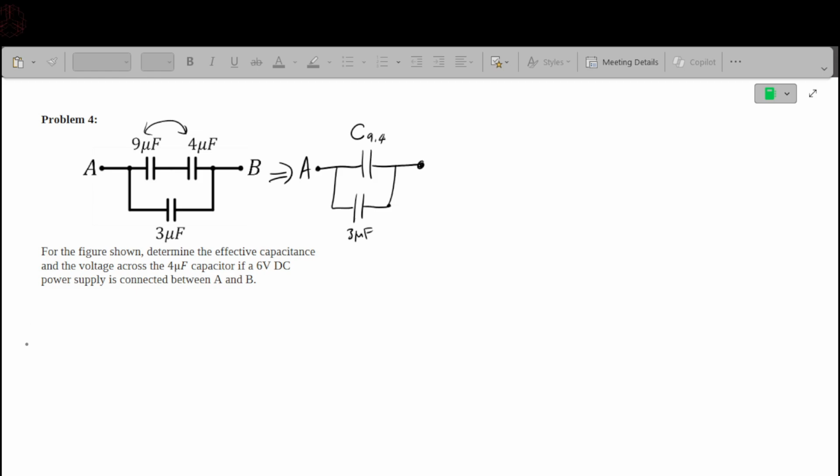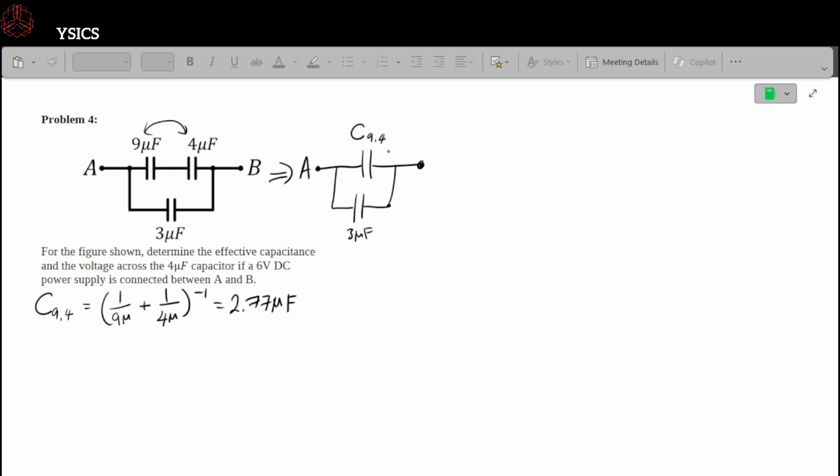They are in series. So then I can write down here C9,4, the capacitor combination, is simply going to be 1 over 9 microfarad plus 1 over 4 microfarad, and then inverse that. And what I'm left with is approximately 2.77 microfarad, right?